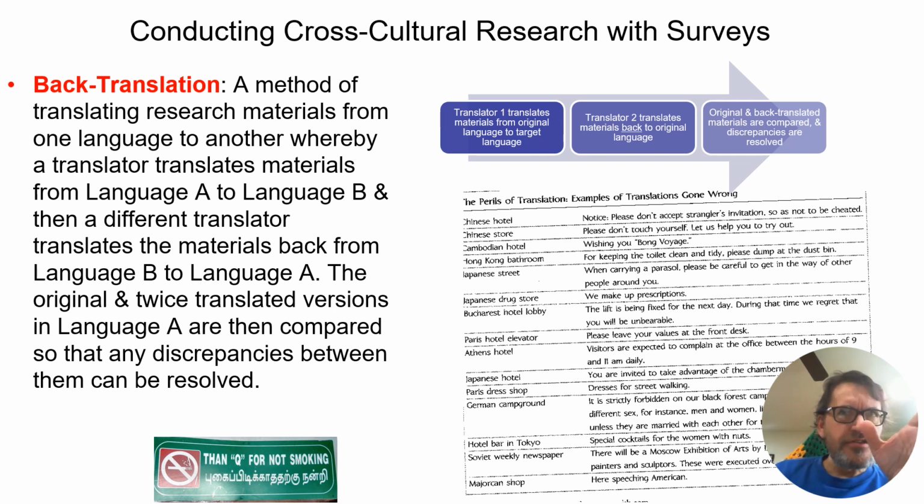You might have instructions in one language, then have those instructions translated into the second cultural language that you want to study. Then a second translator comes and translates it from the second language back to the original language. And now you look at the original instructions and the instructions that have in fact been translated and brought back. Are they the same? Okay. And so it's a start on this notion of equivalency.